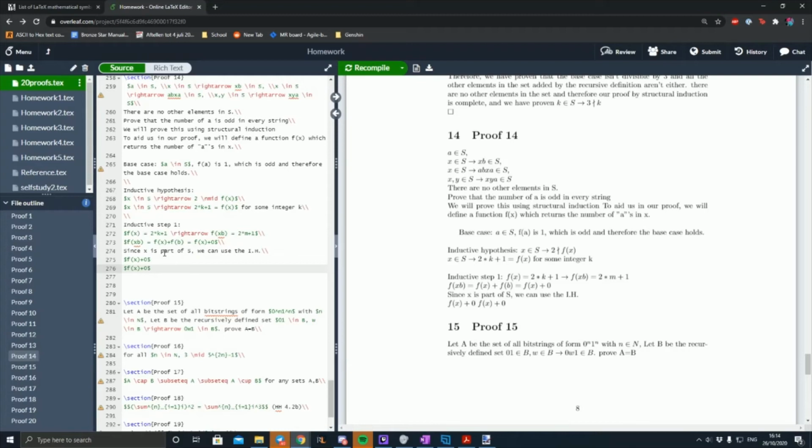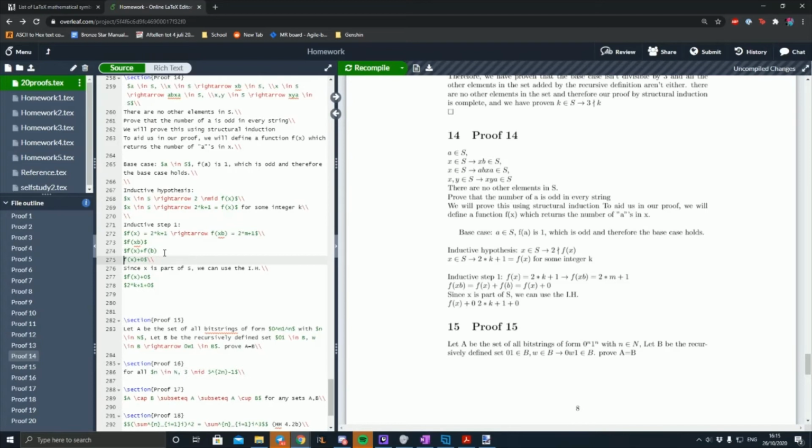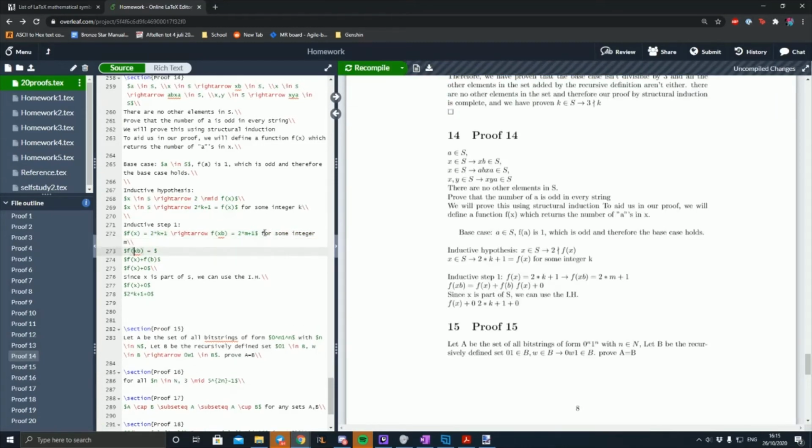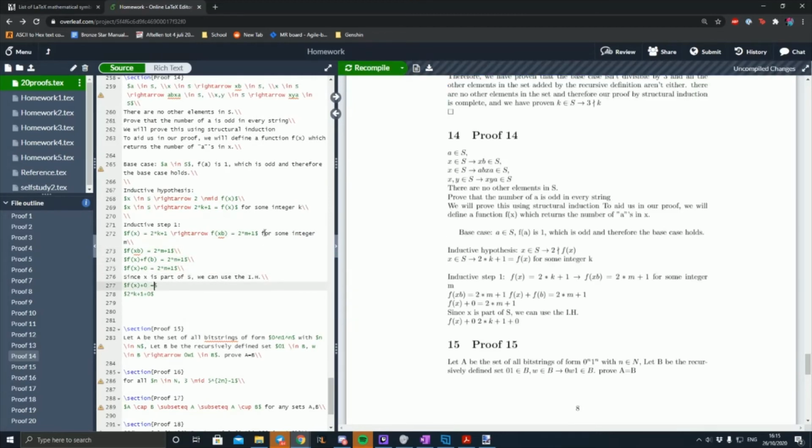In this case we can use the inductive hypothesis, which means that 2 times k plus 1 plus 0. For consistency's sake I'm going to split this up into 3 parts and say at each line that this is equal to this, equal to this, equal to 2m plus 1 for some integer m.